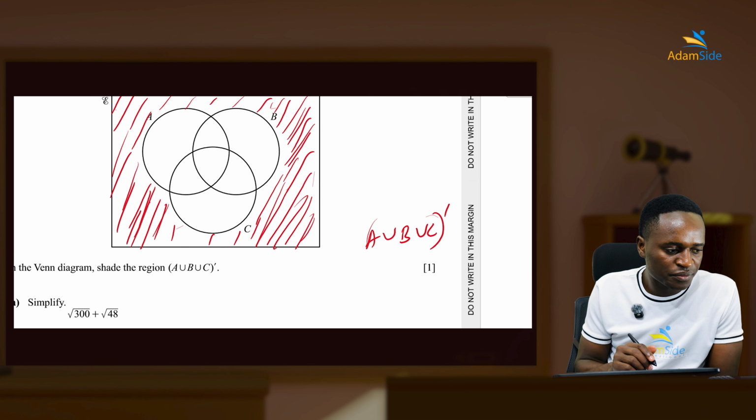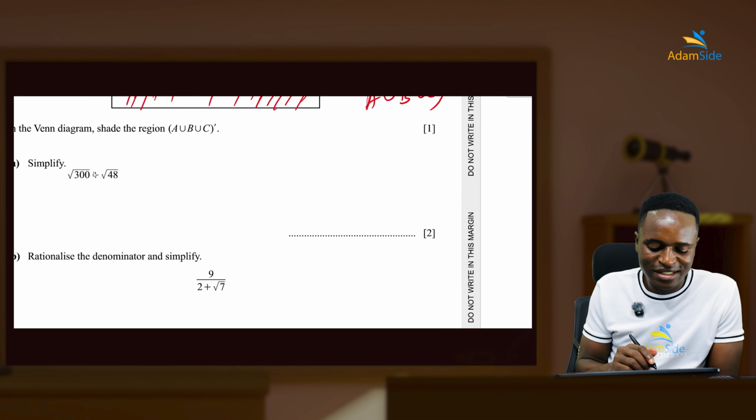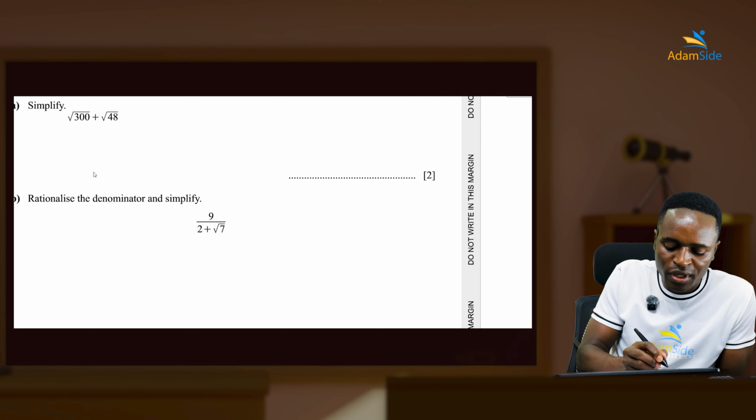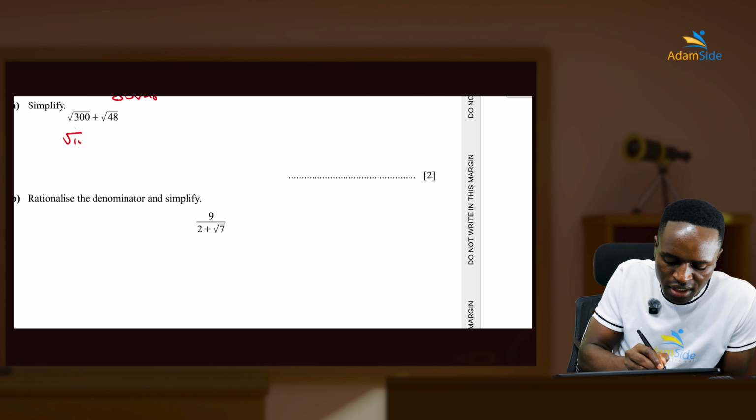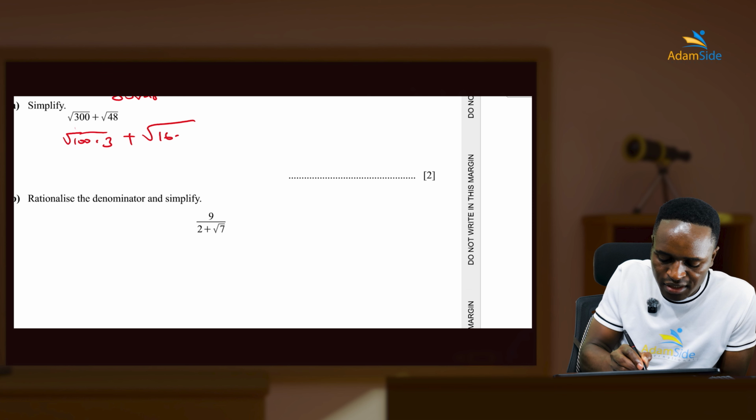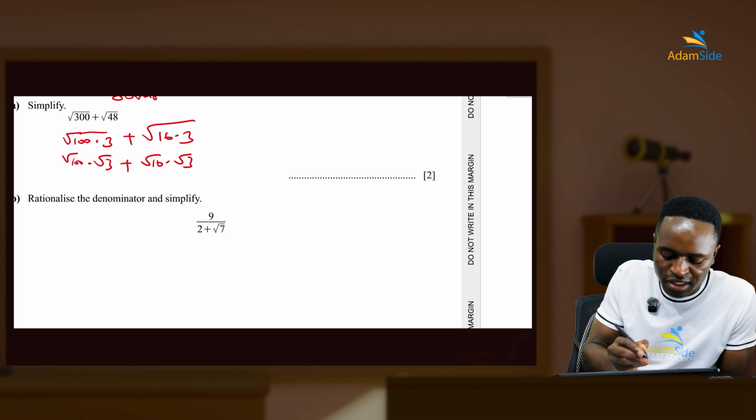Question number 20. That's a free mark. Simplify. Oh, this is easy. How do we simplify in this case? We have to make sure that one is a square number to be able to simplify. I've taught you surds. This is called surds in numbers. So root of 100 times 3 plus root of 16 times 3. Simplify. Then root 100 times root 3 plus root 16 times root 3.